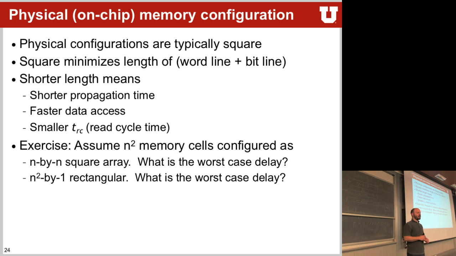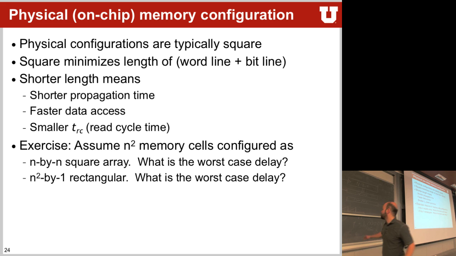Now, let's do a little exercise. Let's assume we have an n-square memory cell configuration. How big is an n by n square array? If we assume we take 1 megabit of data, and let's say that we have a 10 micron cell width, how big will this square be if it's n by n, or if it's n squared by 1?